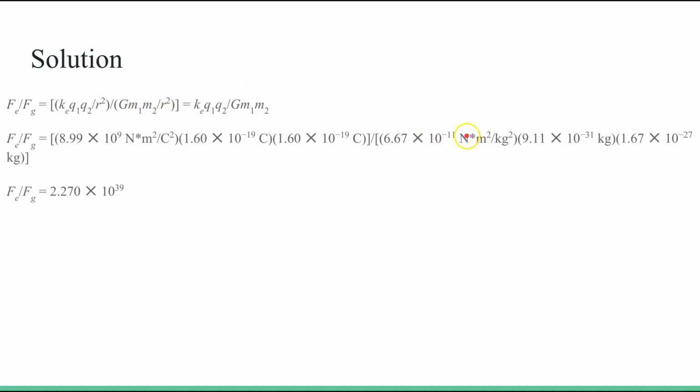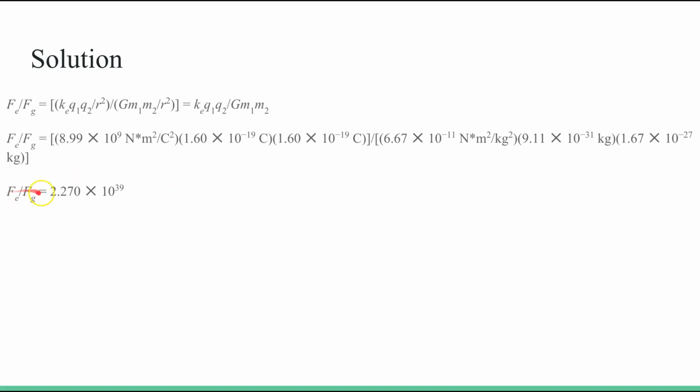If you remember, big G is this number over here. And if you substitute all these numbers in, you get Fe divided by Fg equals 2.270 times 10 to the 39. This is an extremely large number.